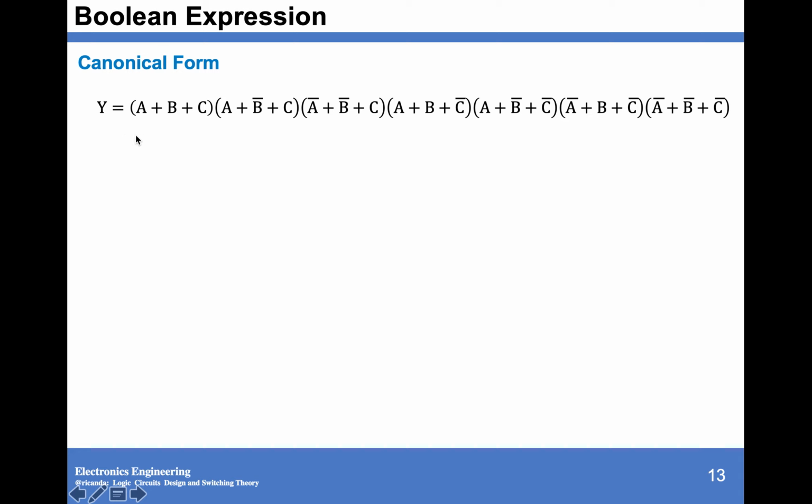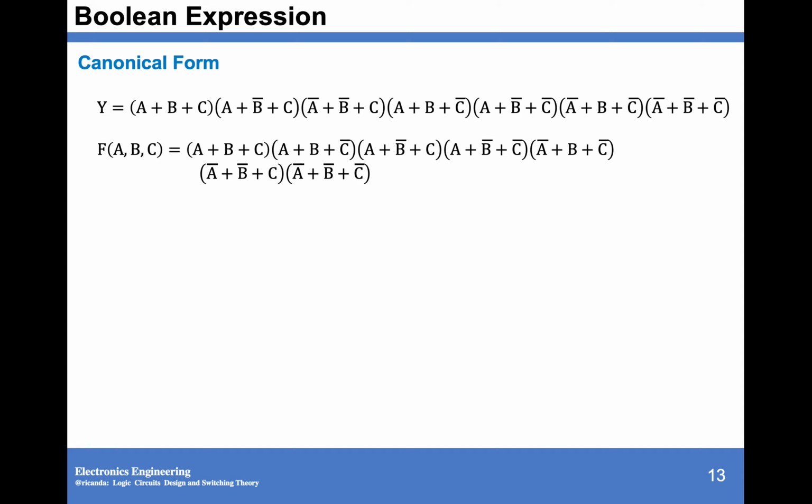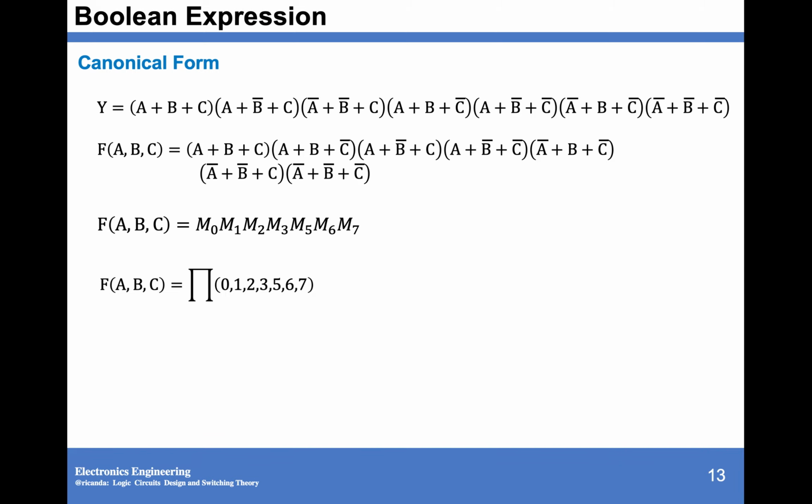So if you have this one also, it is the product of sum. So we have to arrange that from lowest value to the highest value. And then take the alternative expression using the uppercase M and the symbolic expression using the pi.